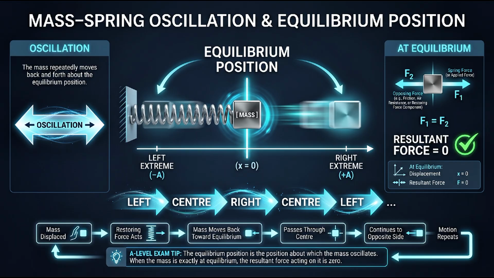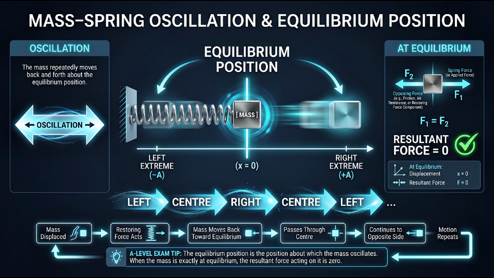The restoring force accelerates the mass back towards equilibrium. The mass passes through the center because it has velocity. It continues to the opposite side, where the restoring force changes direction. The mass slows down, reaches the opposite extreme, reverses direction, and returns again.